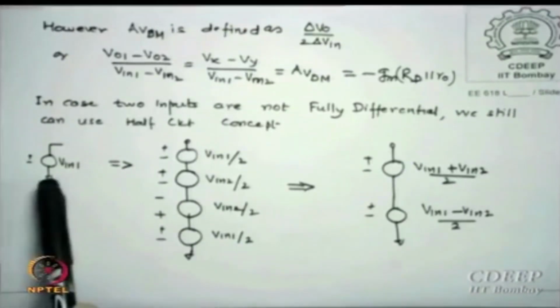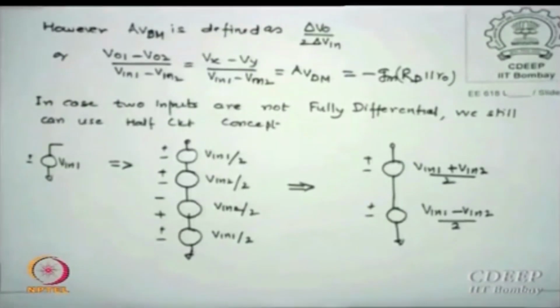We can see that Vn1 can be broken into Vn1 by 2 plus Vn1 by 2, then we can add half Vn2 by 2 and subtract half Vn2 by 2 in series, such that Vn2 cancels otherwise and Vn1 adds.